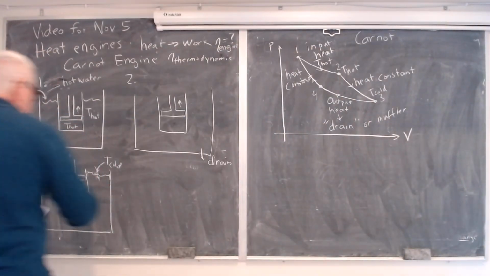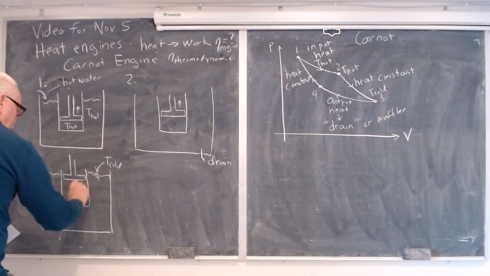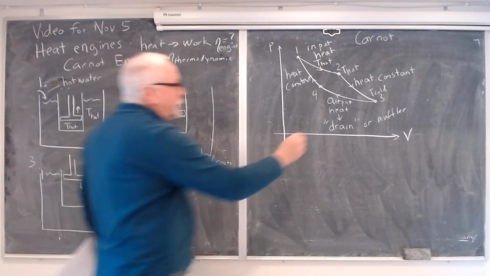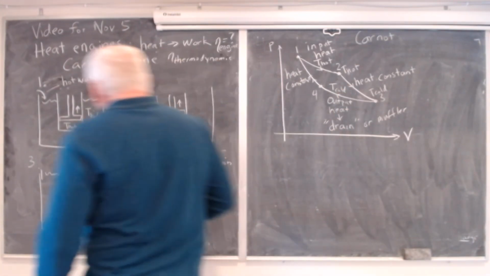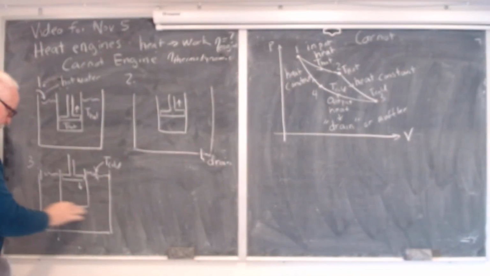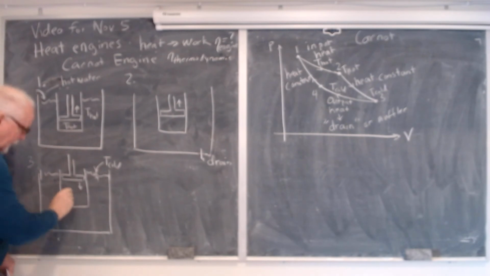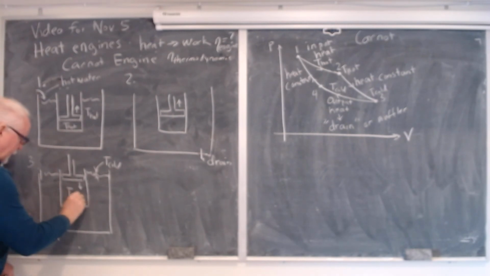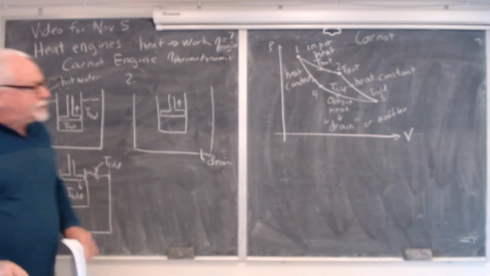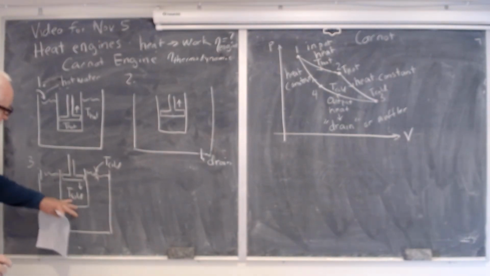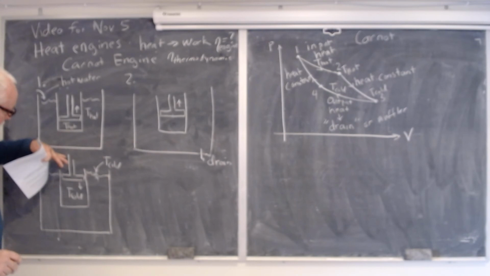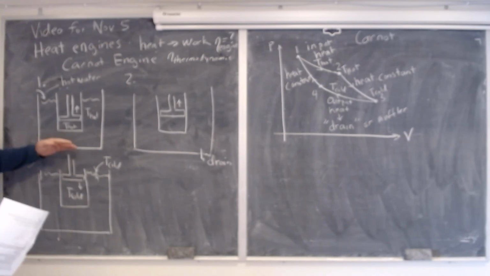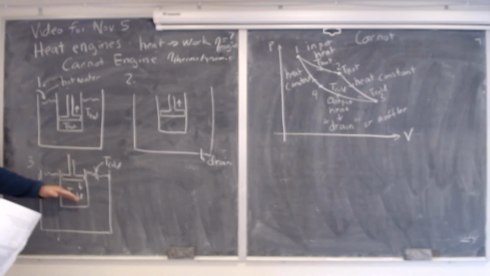So now it starts going down, right? And it goes down at a fixed temperature, T cold, because again the sidewall of the cylinder is so thin that it keeps that gas at T cold. So if you think about it, what's happening there is that the piston is now doing work on the gas, compressing it.